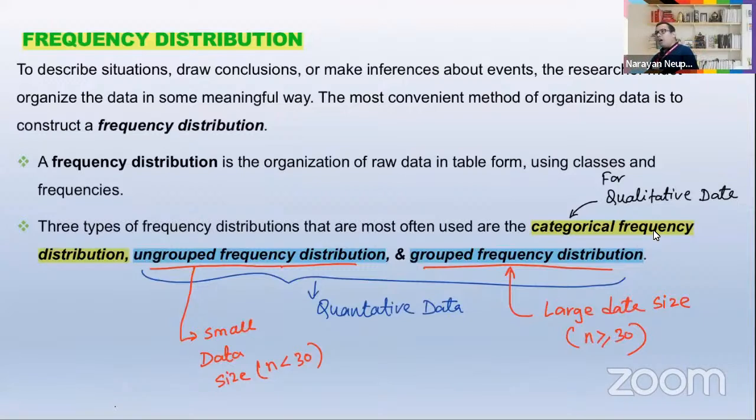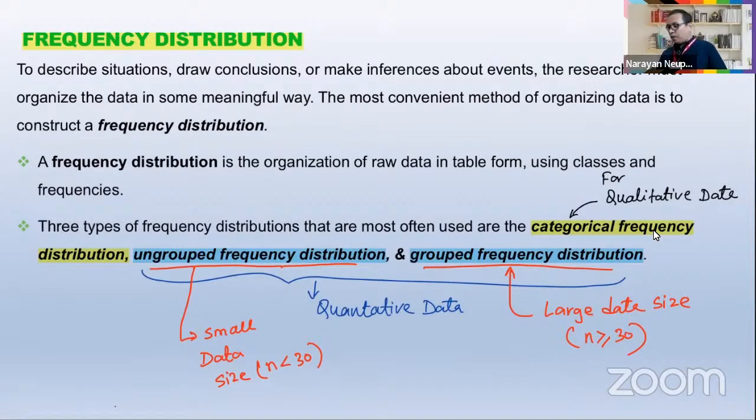If the data is non-numerical, we use the categorical frequency distribution, okay? And then for the quantitative data or numerical data, if the data size is small, we use ungrouped frequency distribution. If we have the quantitative data that is large, 30 or more, we use the grouped frequency distribution, okay?